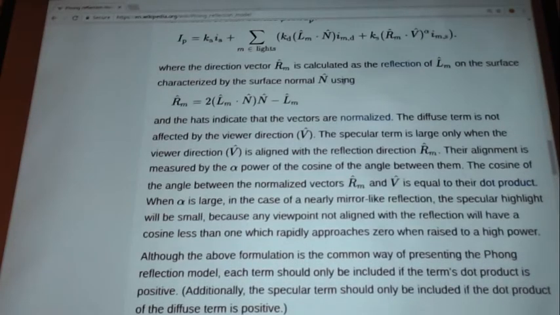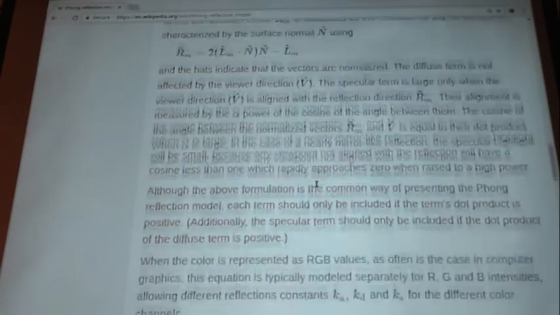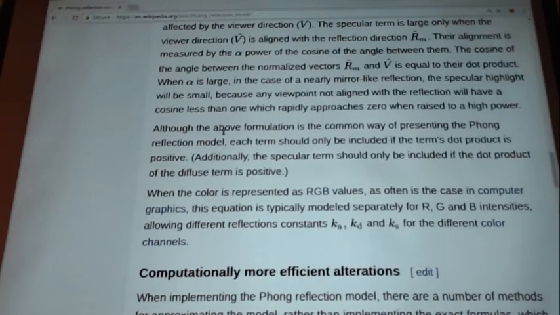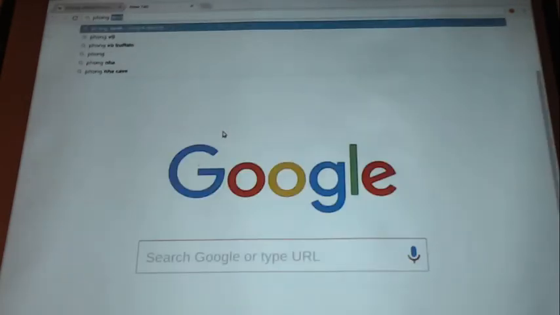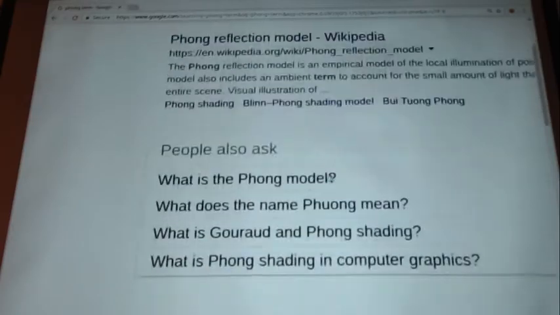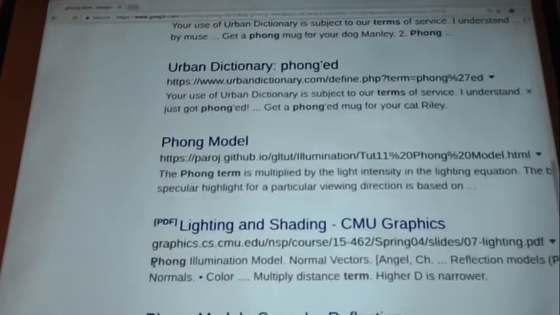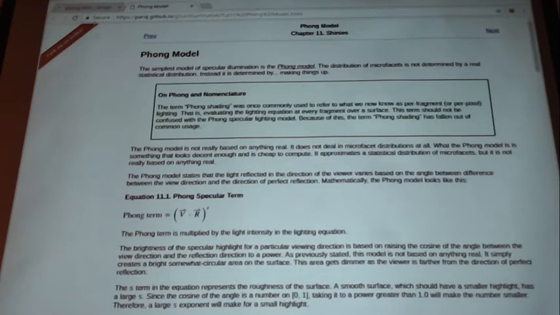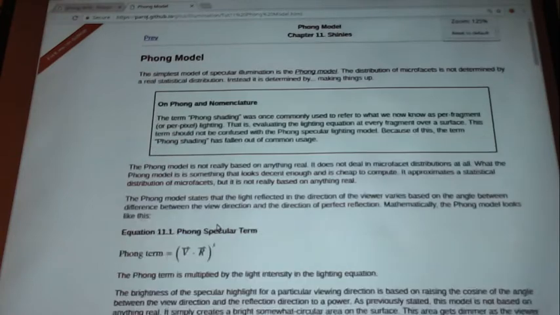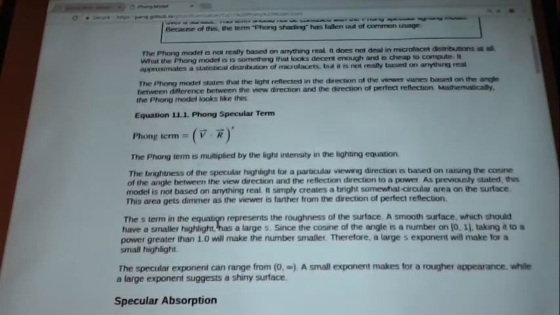So eventually we got an amount that's reflected here, and I want a simpler Phong term explanation. You should read the Wikipedia one, or we might just go back and get it out of this thing. Here, this is a good one. There, that's the Phong term. That's more what I wanted to show you. I didn't want it to have too many things in it.